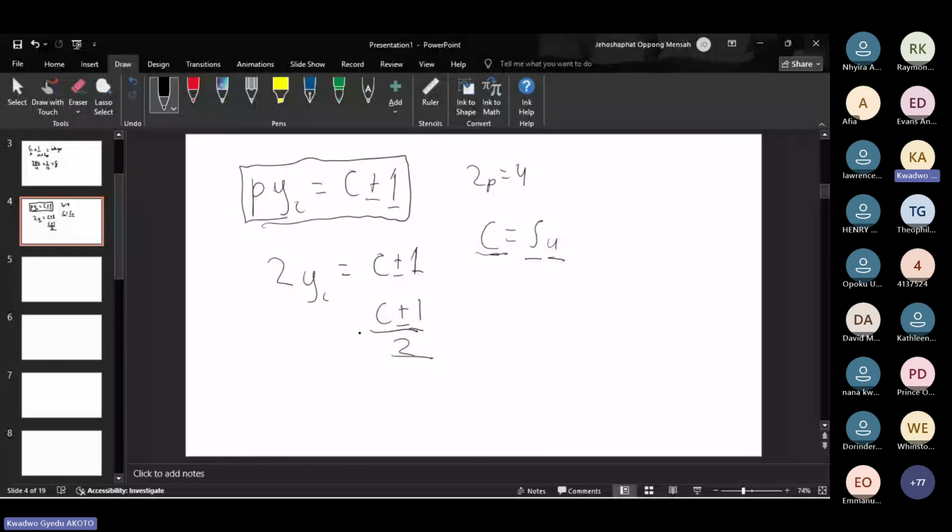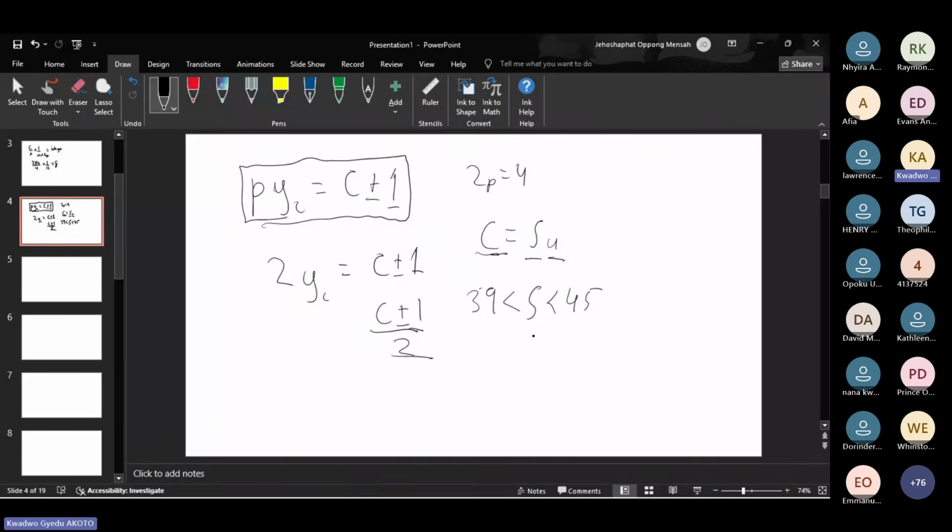Okay. So the next question says determine all possible numbers of slots, right? We know that our number of slots S is between 39 and 45, right? So this gives us 40, 41, 42, 43, and 44, right?